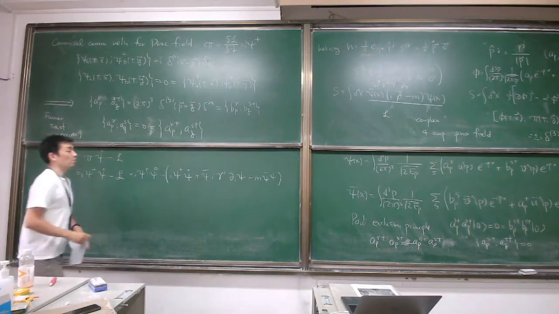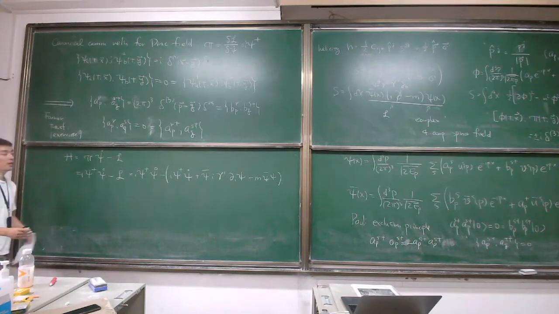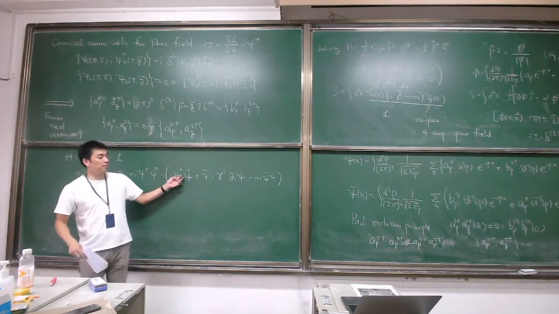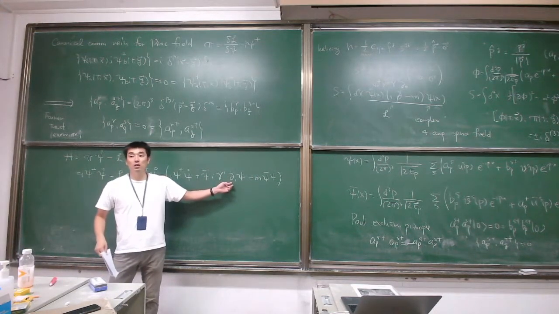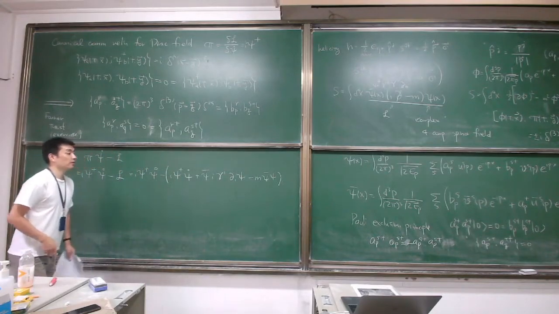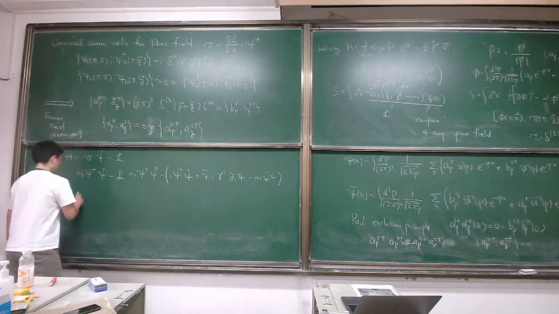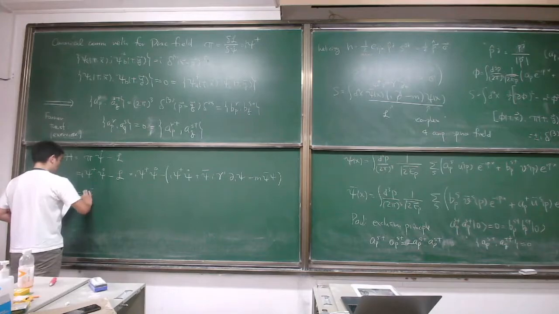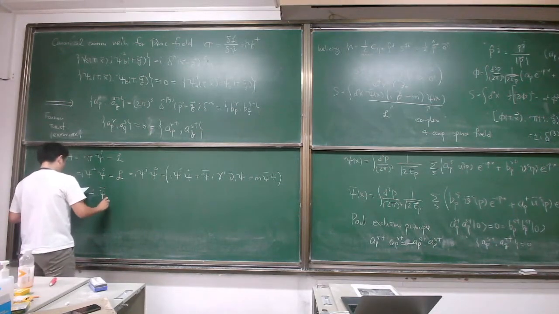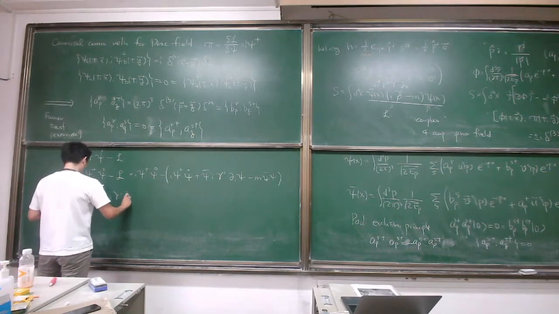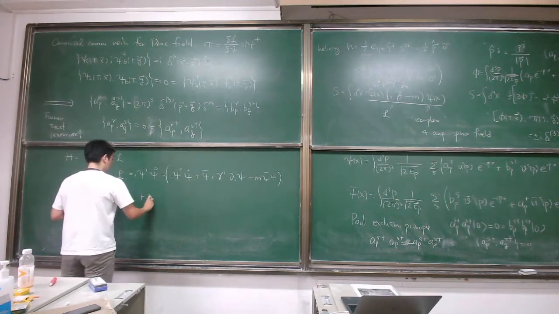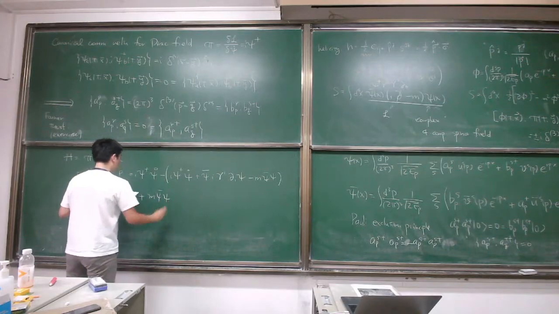I just decompose the Lagrangian into the time derivative part and the spatial derivative part. Of course the time derivative cancels, and what you end up with is psi bar times minus i gamma^i partial_i plus m psi bar and psi.